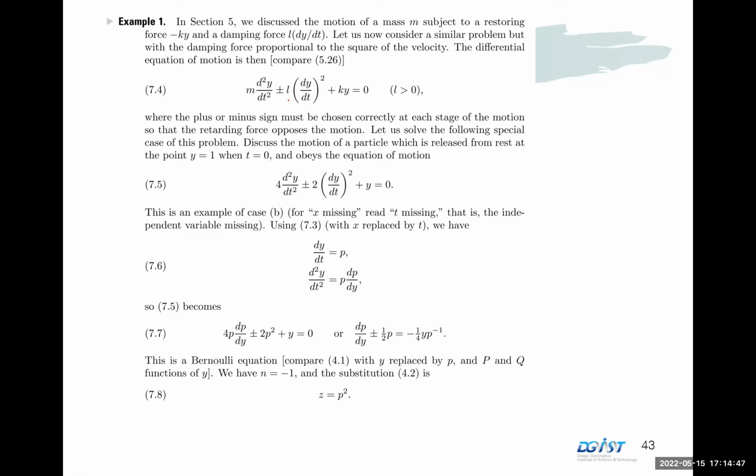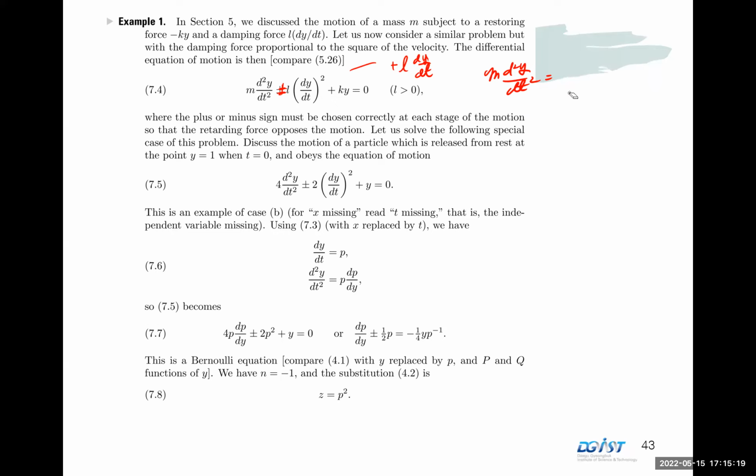And the other thing is, now we have a plus minus sign here. In the previous case, we always said plus L dy dt. Because when we write down the Newton equation for the damping force, it has this form, and the minus sign implies the force is acting in the opposite direction of the velocity.